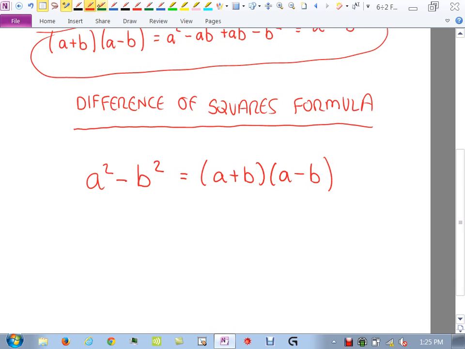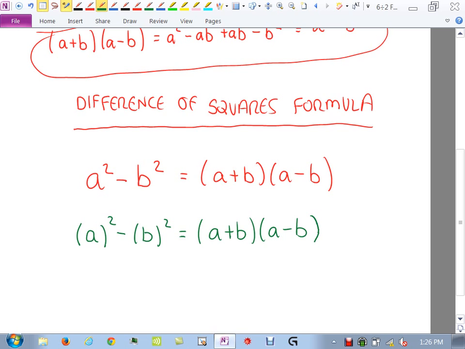Now, I like to do a little bit more than that. I like to actually write a in parentheses squared minus b in parentheses squared. And maybe you'll see, as I do some examples, why I prefer to put the a and b here in parentheses instead of just a and b like that.